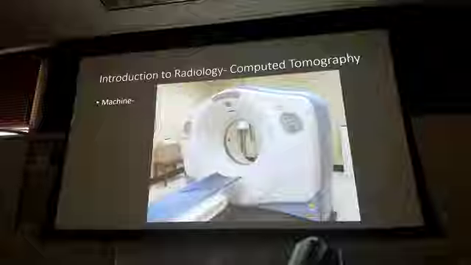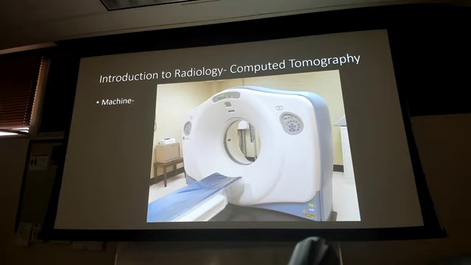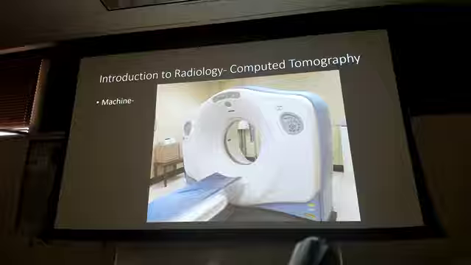It's very quick. The way it's set up is on the inside of this donut here, okay? They're circular, there's a bunch of sensors, right? Before we talked about x-ray: one radiation source, patient, one plate behind to read that imaging. What this has is multiple sensors on the inside, and it varies by the quality of the CT scanner, 4, 16, 64 slice, you don't need to worry about all that.